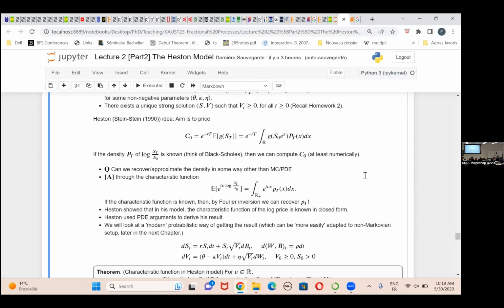So V at t plus h is Vt plus the small increment, (theta minus kappa Vt) times h, plus eta square root of Vt times the increment of the Brownian motion, so think of an Euler scheme if you want.